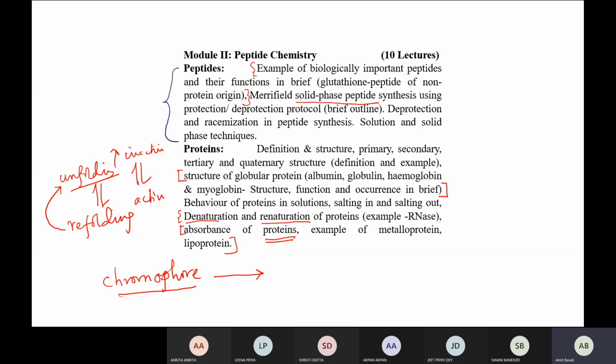Okay. So these 20 amino acids are there. Which amino acid will absorb light? Which amino acids have a chromophore?